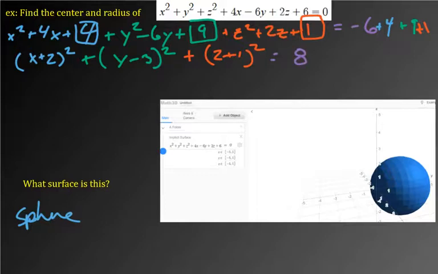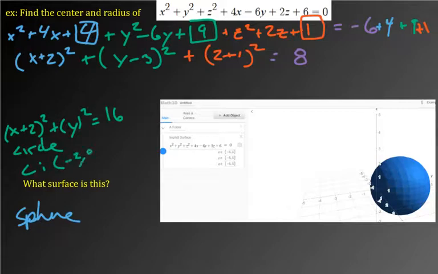And this should look believable that it's a sphere, because in geometry you learn that if you have something like x plus 2 squared plus y squared, let's say, equals 16, this is a circle, right? There's a big circle unit in geometry, and the center is negative 2, 0, and the radius is the square root of the 16, which is 4.